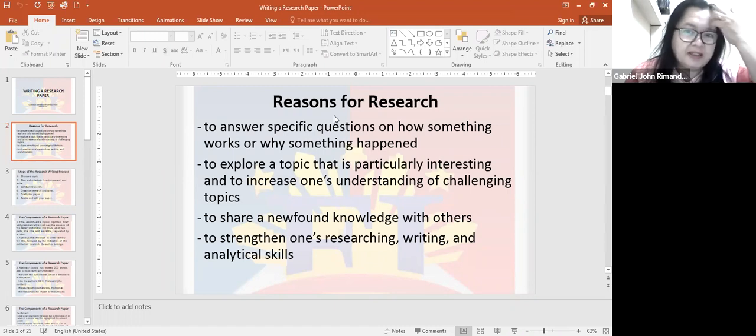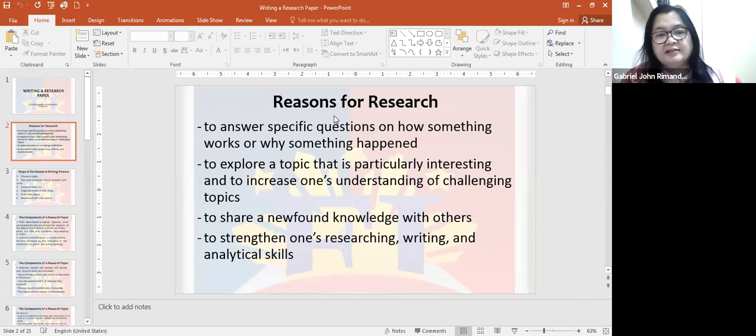The next one is to explore a topic that is particularly interesting. It can be about a person, it answers the question who or what when it deals with some facts or other related researches. Then another reason is to share a newfound knowledge with others. And the last one is to strengthen one's researching, writing, and analytical skills.